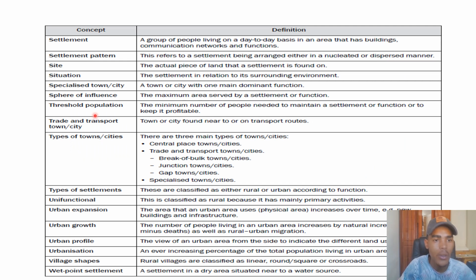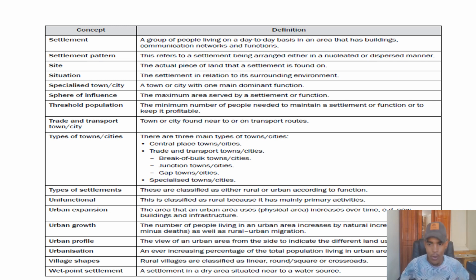So we do have settlement pattern, site, situation, specialized town, sphere of influence, threshold population, trade and transport town, types of towns, types of settlements, unifunctional, urban expansion, urban growth, urban profile, urbanization, village shapes, wide point settlement.